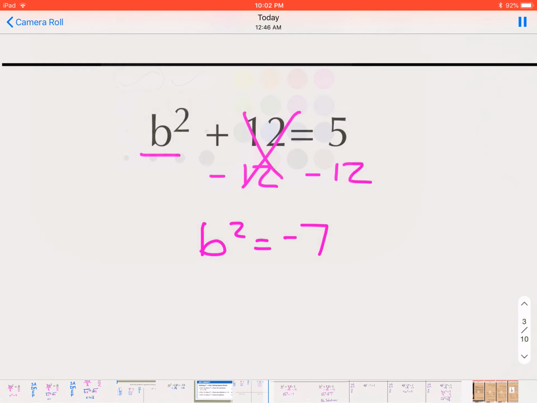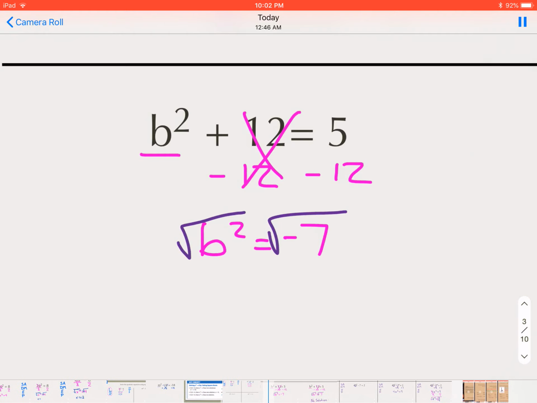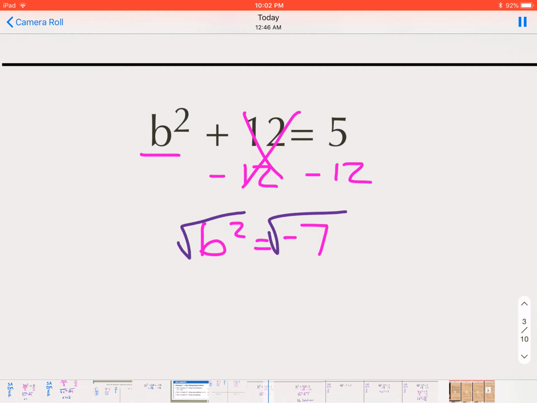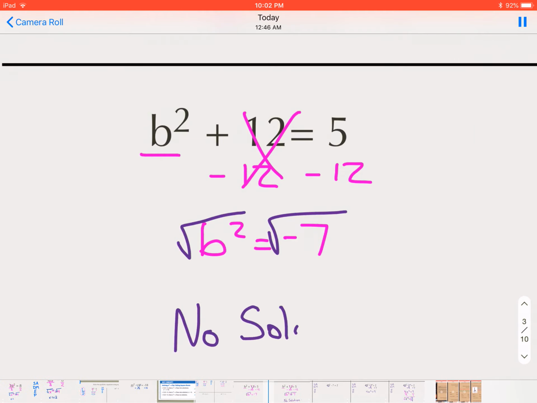I take the square root of negative 7, but uh-oh, I can't take the square root of a negative number. That is not possible without going to the imaginary realm, which we're not doing today. So if I am left with b squared equaling a negative constant, that's not possible. For those types of problems, we will just write no solutions.